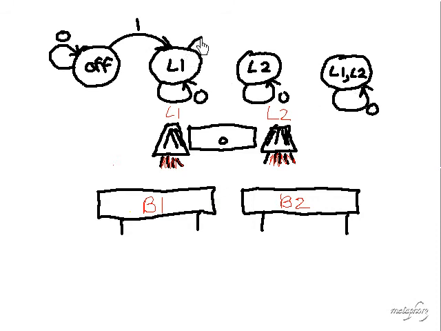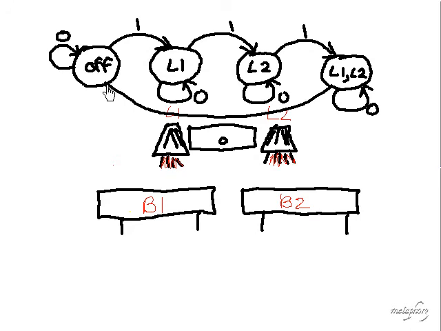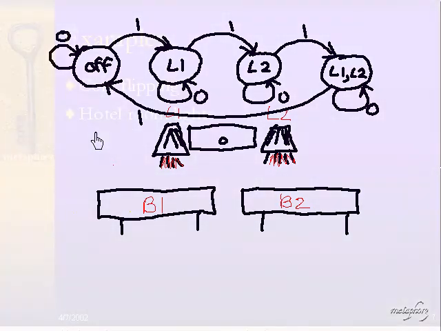But to actually move from one state to the next, we have to turn the knob. So moving from off to L1 to L2 to L1 and L2, all we do is turn the knob or provide the machine with an input of 1. Going from L1, L2, where both lamps are on, all the way back to the beginning, means that we have a final transition that we label with 1, and that takes us back to the start.